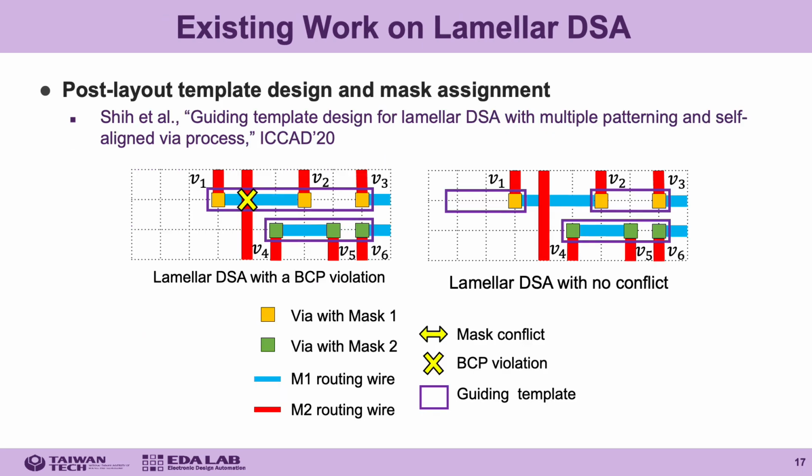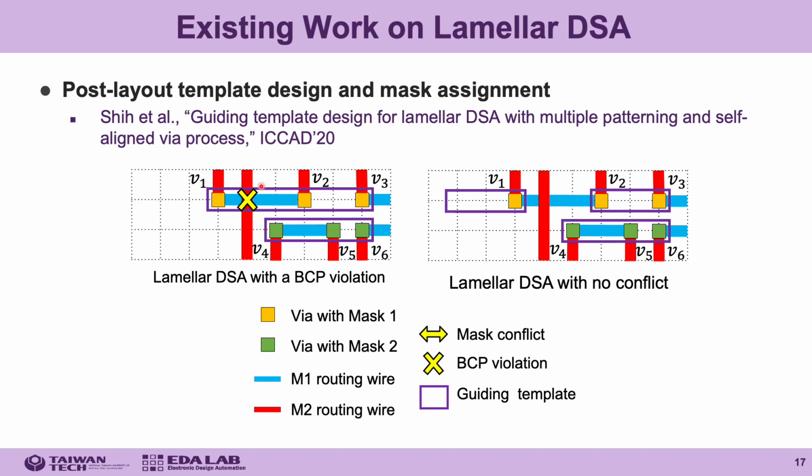There is one existing work that proposes the corresponding template design approach in the post-layout stage. The design constraints induced by the process of lamellar DSA with the SAV process are first identified. First, a template cannot cross over a vertical metal wire where no via exists at the intersection.